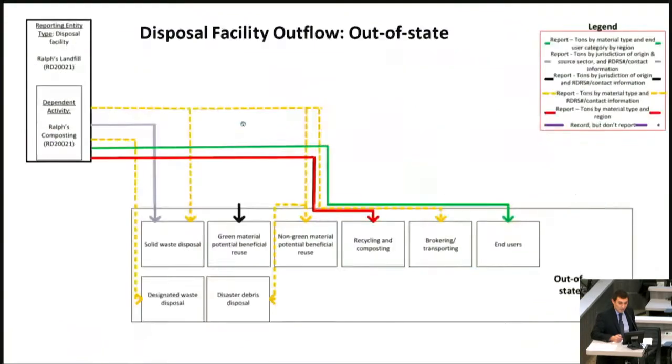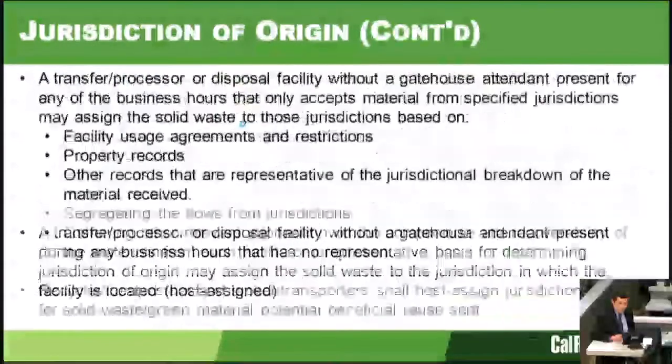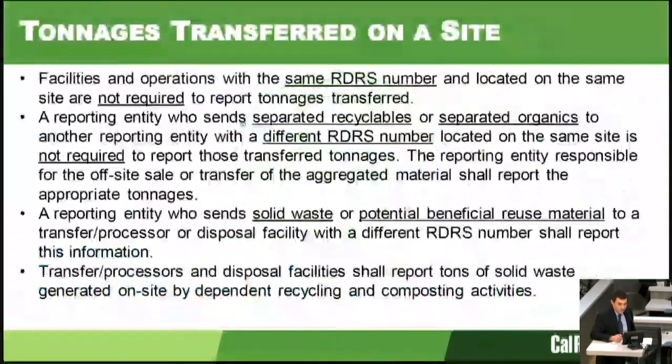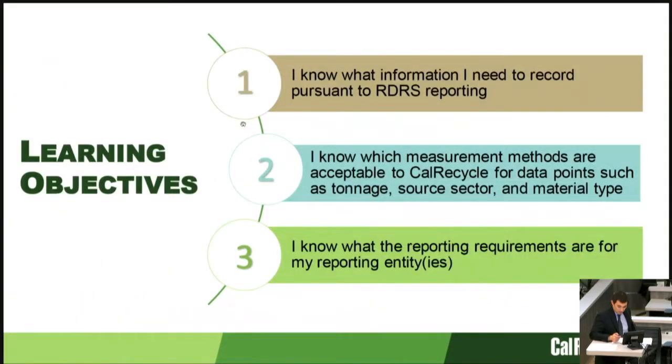I think we've discussed that in previous workshops, so I don't want to get too bogged down in that, but essentially there are requirements for residuals and needing to account for those at some point in your report, whether that's just recording that information and including it as an aggregate, or just needing to keep track of that on the site.